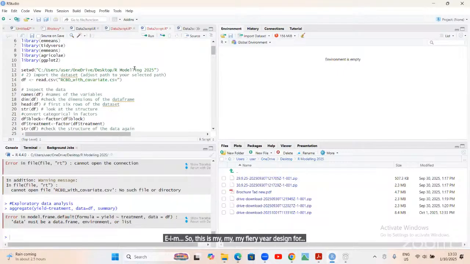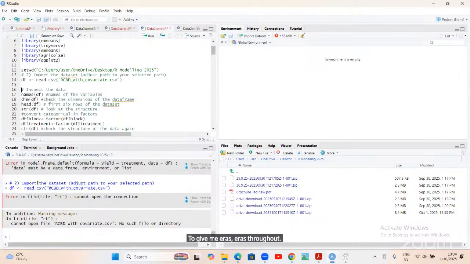This is where the script is, the folder with the materials. As I tried to run line 14, it gave me errors throughout. Line 14? Yes. But look at where your file is. I don't see any file. I don't see the data in the folder.